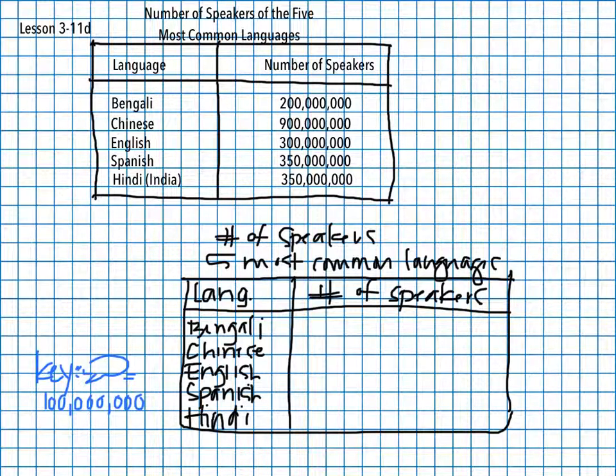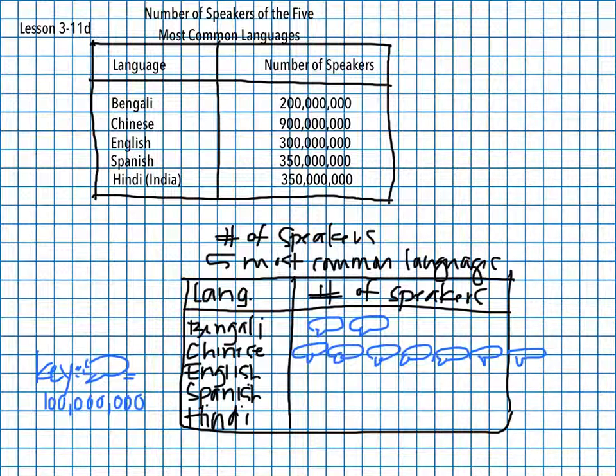So every time you see one of these, it's 100 million speakers. For Bengali, there are 200 million, so I'm going to draw 2. Chinese, 900 million, so I'm going to make 9 of them. I did not make my circles big enough.